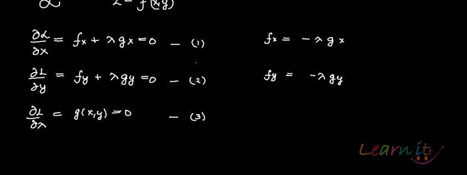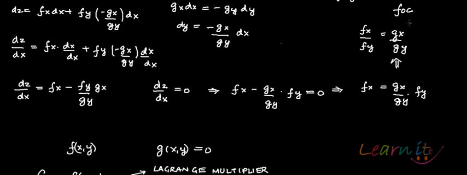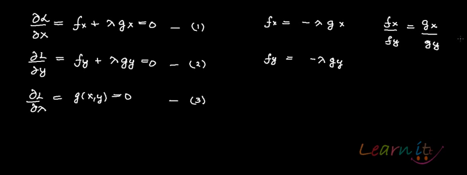This is what you will get from the first and second equation. So dividing first by second, what you will get is fx by fy is equal to gx by gy. This is what you're going to get. And remember this is the same as you have got above, where we haven't used any Lagrange multiplier.